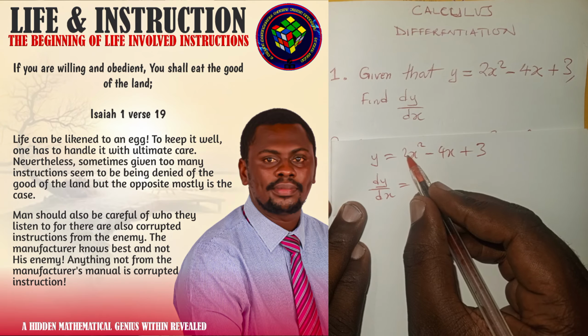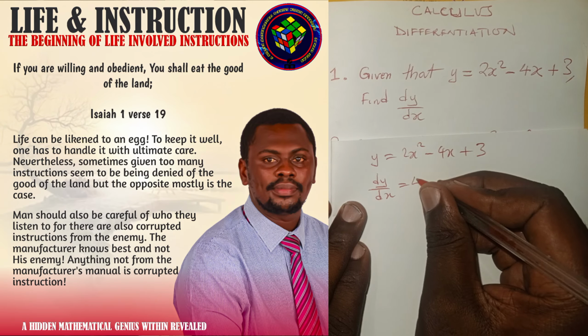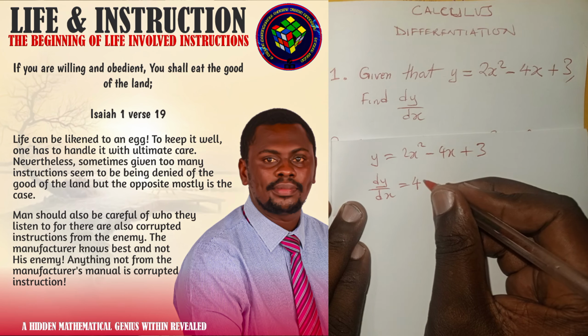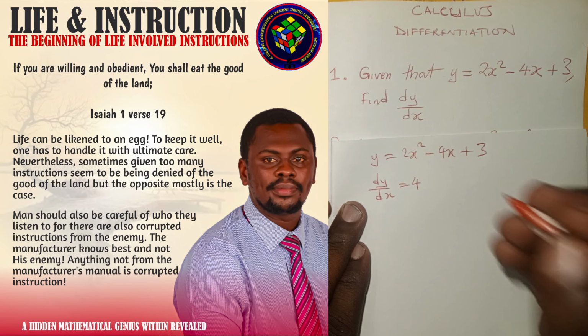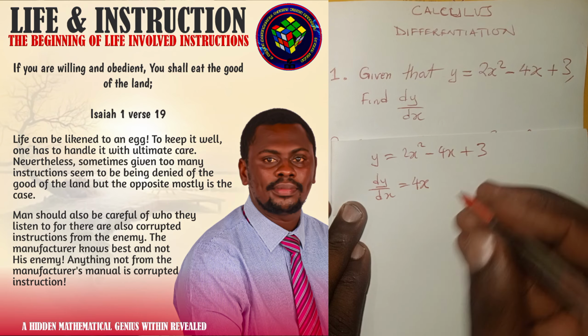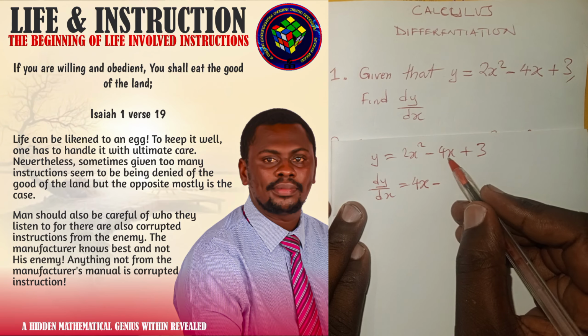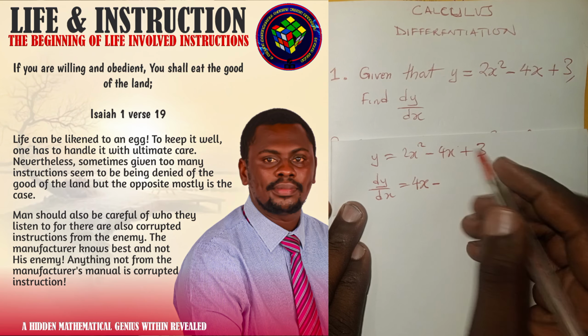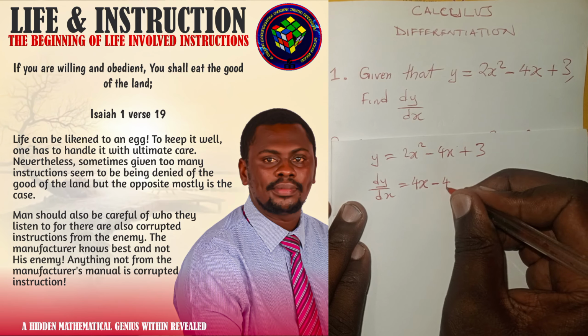So what is 2 times 2? 2 times 2 is 4. Then that power you reduce it by 1. So we are going to have 2 minus 1 is just 1. So that is x. Minus, here we know that the power is 1. So 1 multiplied by 4, we are going to get 4.